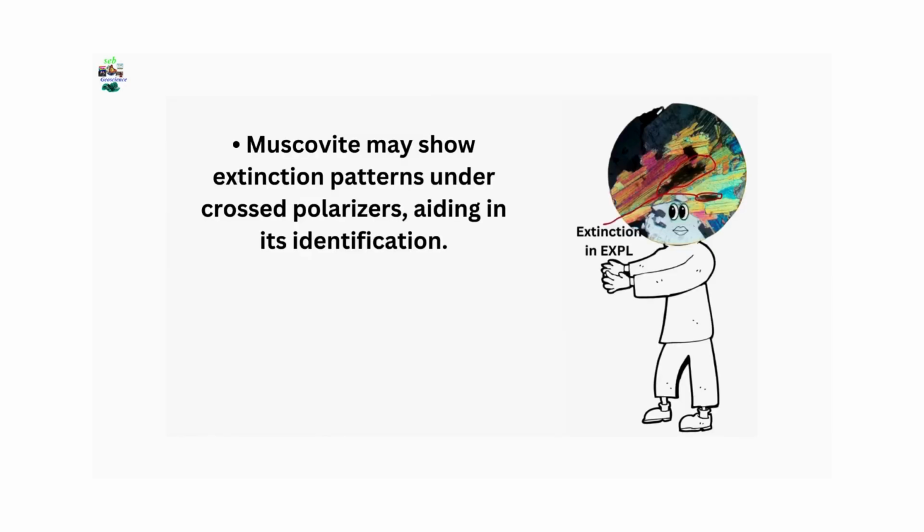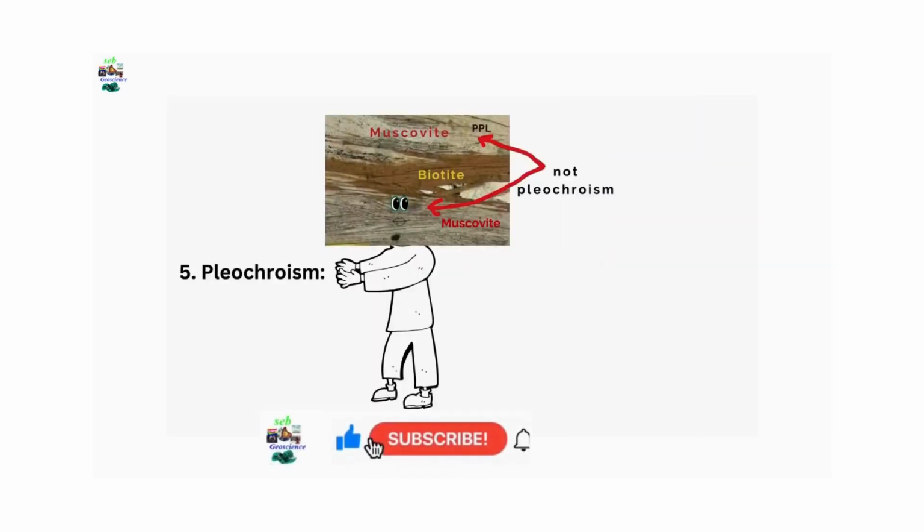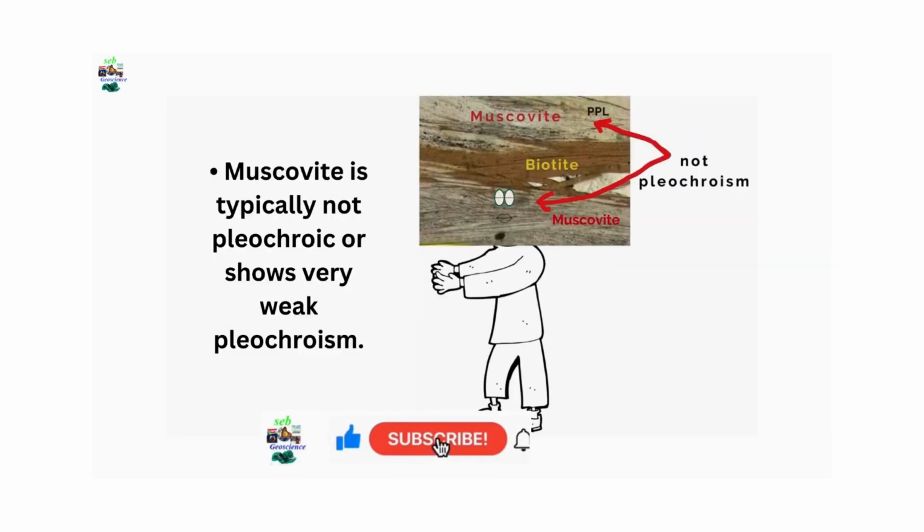Extinction. Muscovite may show an extinction pattern under cross-polarized light, aiding its identification. Pleochroism. Muscovite is typically not pleochroic or shows very weak pleochroism, or it can't show pleochroism.